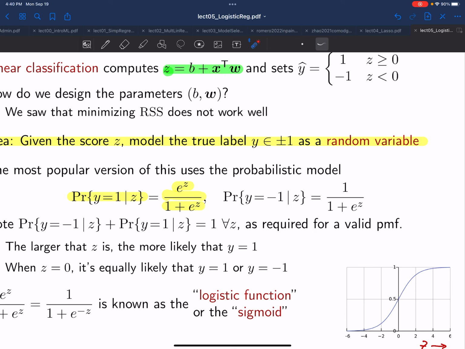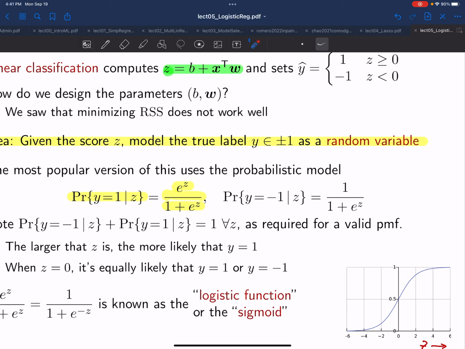Then, given that intermediate z, the probability that y equals 1 is like a coin flip, but as z gets higher, the probability of getting a 1 gets very large. As z tends to infinity, the probability converges to 1. As z goes to minus infinity, the probability converges to 0. And when you're at z equals 0, right at that boundary, the probability of y equals 1 is 1/2, and the probability of y equals minus 1 is 1/2.